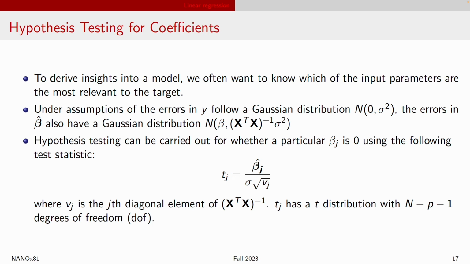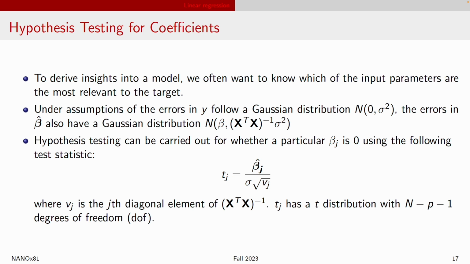So if we make the assumption that our errors in y follow a normal distribution, and the fitted coefficients also follow a Gaussian distribution, you can carry out a hypothesis test to check whether a beta j is significantly greater than 0 or not, okay?